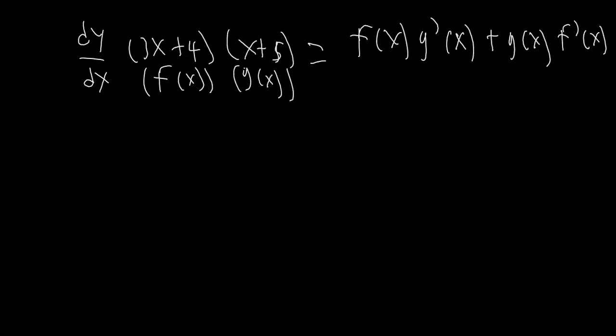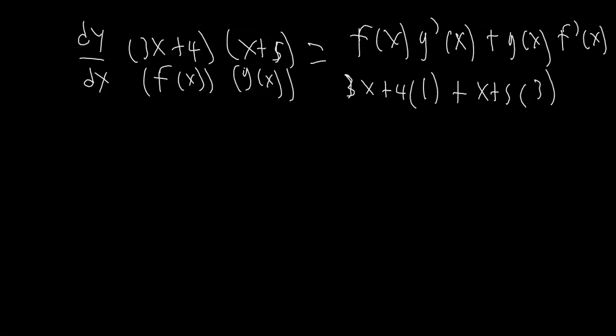Now let's actually solve the problem. So 3x plus 4 times the derivative of x plus 5, which is just 1, plus x plus 5 times 3, since the derivative of 3x plus 4 is just 3.